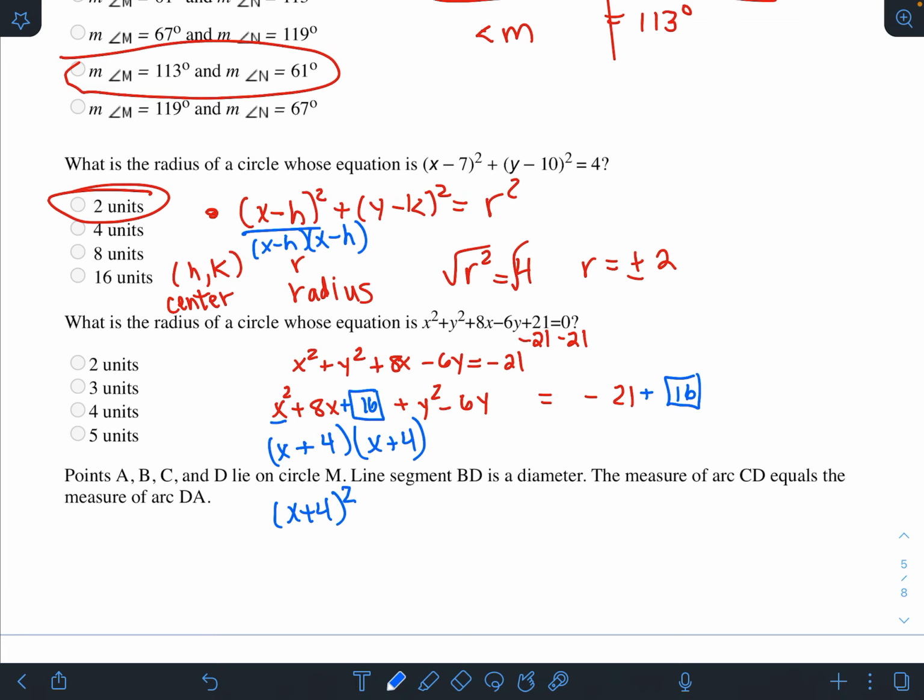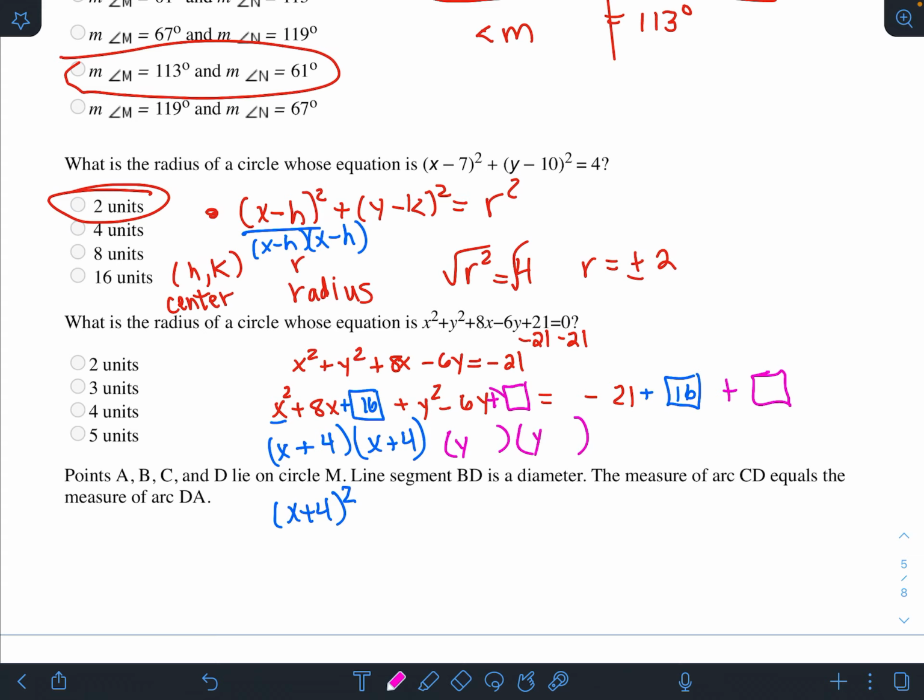And then on this y squared, we're going to do the same process. So I want to add the perfect number so that I can create the perfect square trinomial. So y squared minus 6y, I need to find a number that adds to be negative 6y.